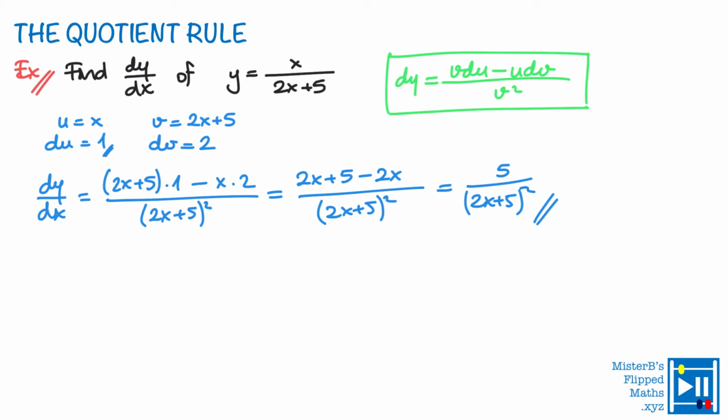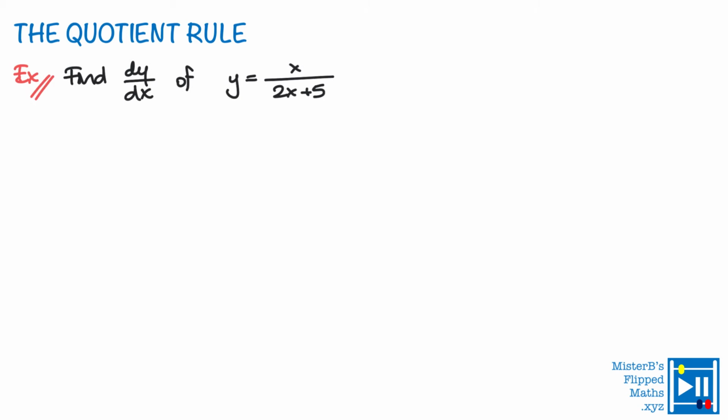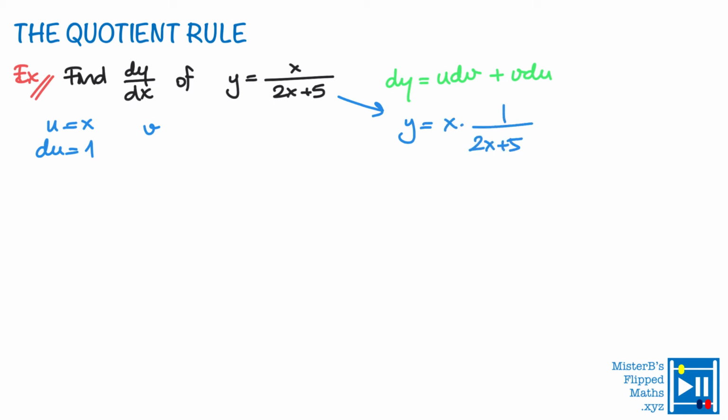Now let's try to do this with the product rule. So the product rule is that I'm going to write dy equals u dv plus v du. So I need to write u and v and their derivatives. Now for u, it's fine. u is x, du is 1. Now v is not 2x plus 5. Actually, I can write this function as y equals x times 1 over 2x plus 5, which means x times 2x plus 5 to the power of negative 1.